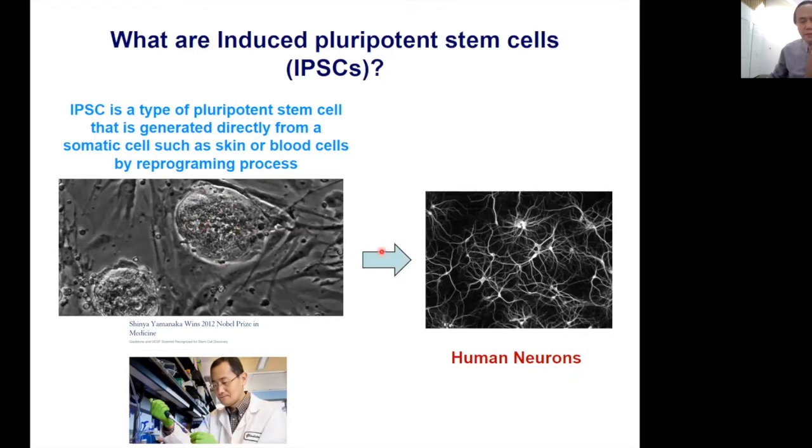Then, using this technique a couple of years later, scientists were able to convert some of these iPSCs to human neurons. It shows here an individual human neuron.